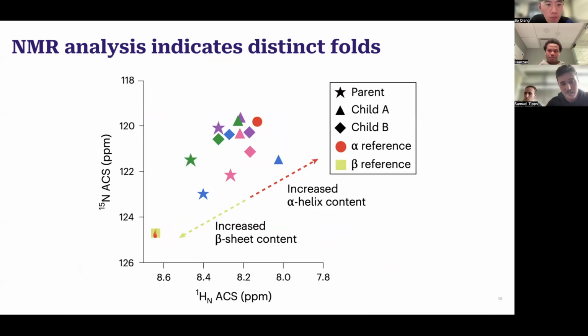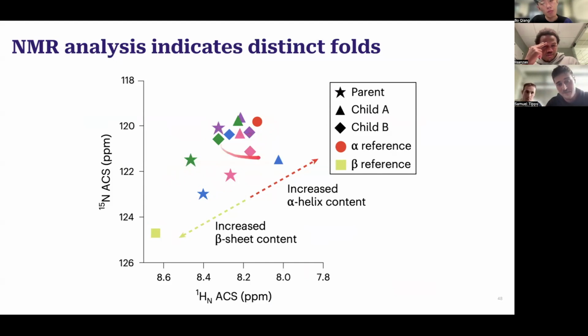So this is an all beta reference protein, whereas all alpha helical proteins have this upright shift in their HSQC spectra. So when we take all of the parent designs, which are in stars, 3 out of the 4 of them are significantly shifted towards this bottom left quadrant. Actually, the interesting thing is this 4th design we did obtain a structure for, and it does match with an alpha beta fold, which is cool.